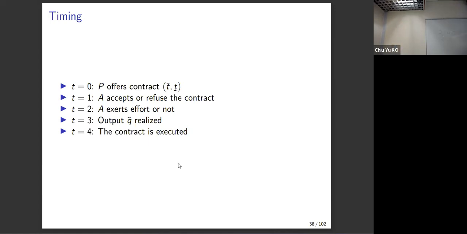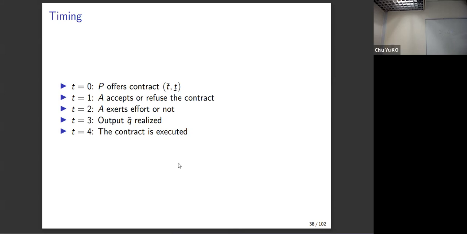Again, it's slightly different. First, because there's no uncertainty in this model, nature doesn't work in this model. Nature only works in the output, deciding high or low. First, the principal decides the contract.